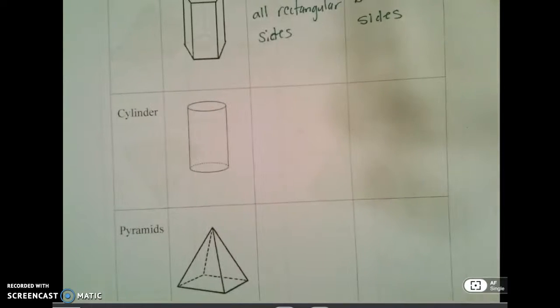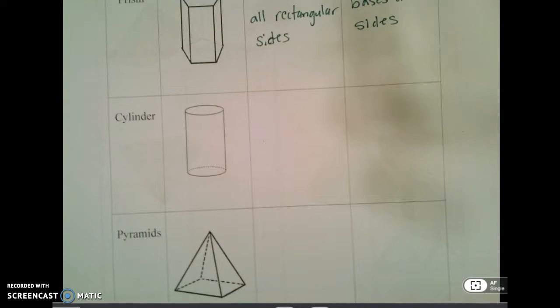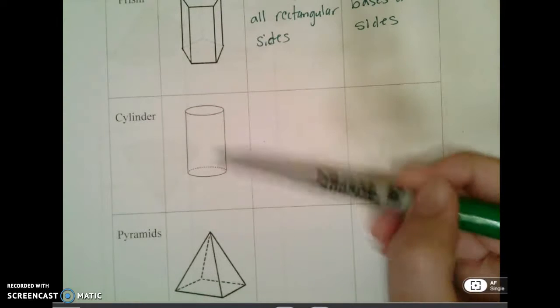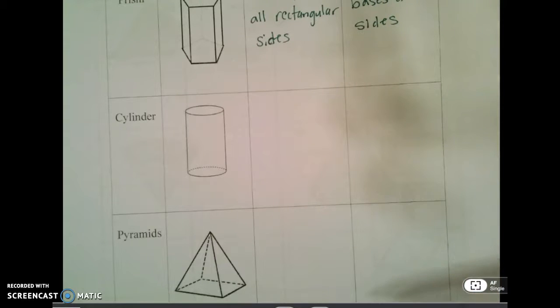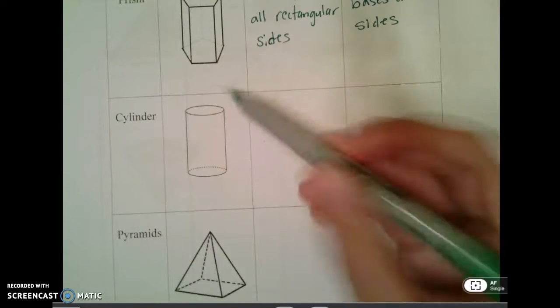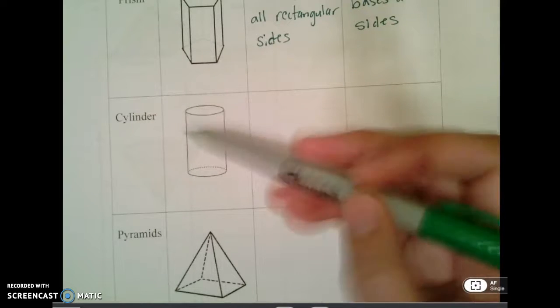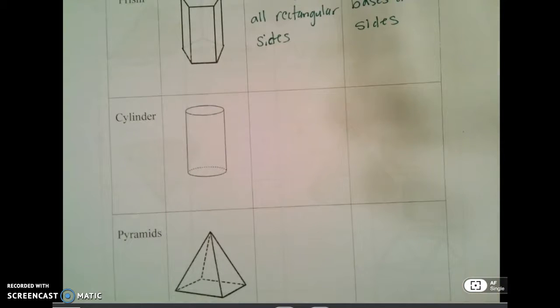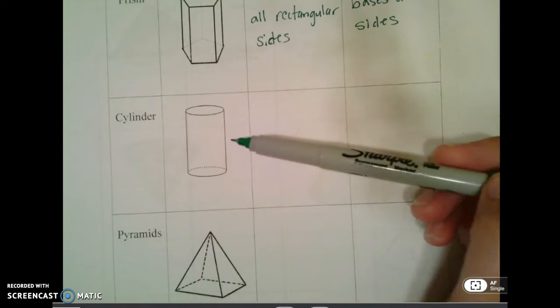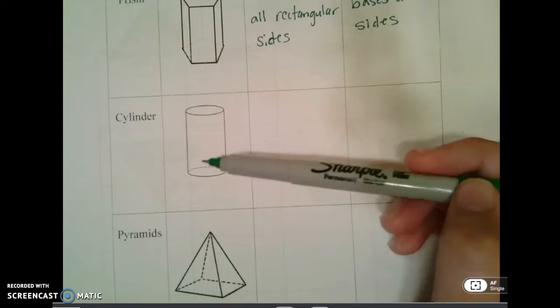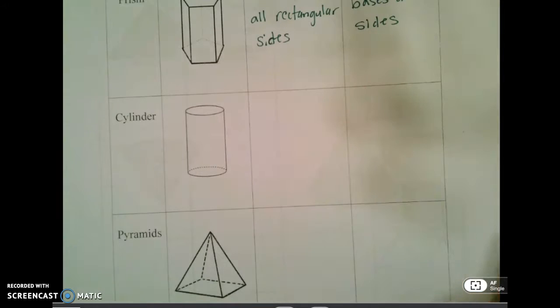A cylinder is pretty easy to recognize. A cylinder is 2 circles for your bases and then 1 rectangle wraps around. I'll show you exactly what that looks like in class tomorrow. But basically it's a prism with circles. So in order to find the lateral area, which is just the rectangle, it doesn't look like a rectangle now, but I'll show you in class that this is a rectangle in between 2 circles.